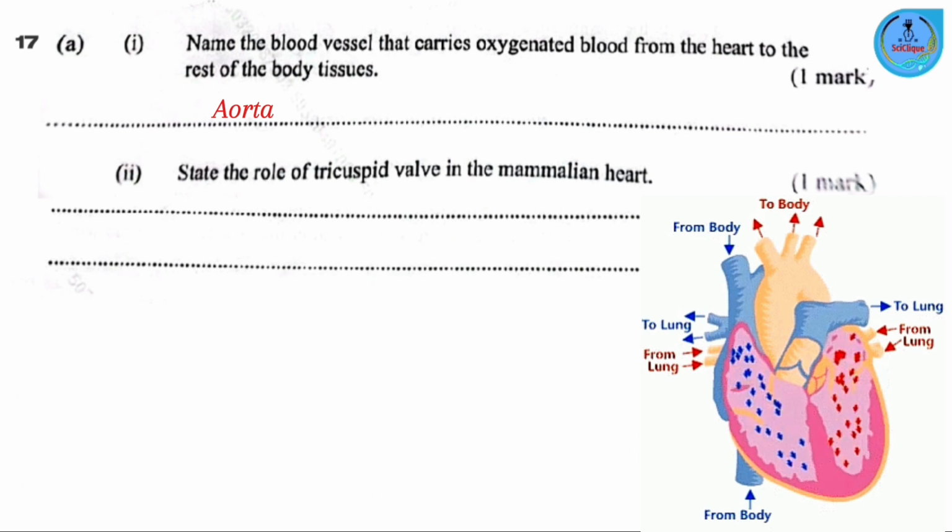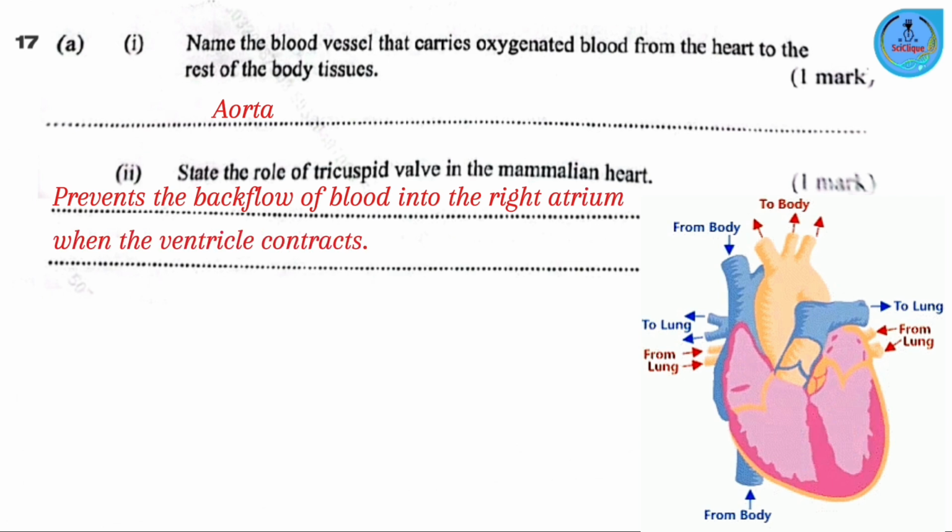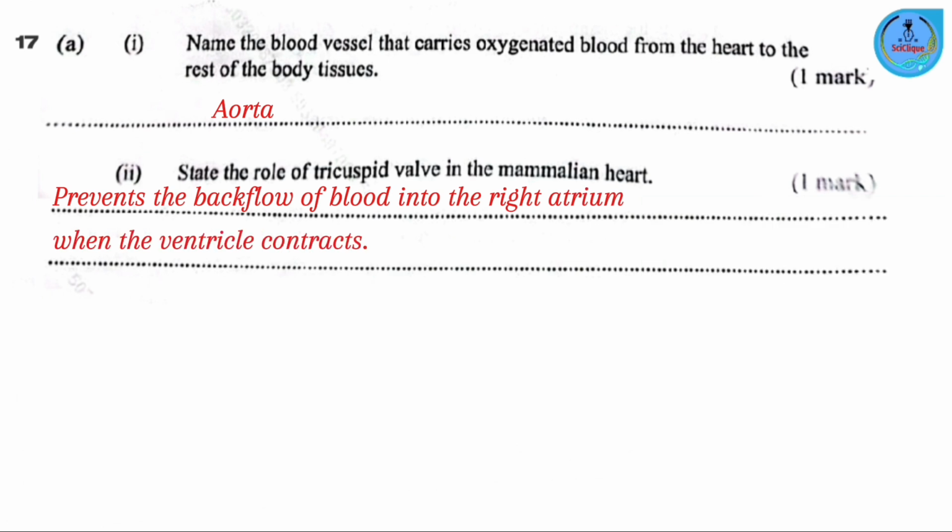So when the blood has flown into the ventricle, the tricuspid valve closes up. Okay? So when the ventricles contract to push the blood out of the heart, it ensures that the blood cannot flow back into the atrium. So how do we state this? It prevents the backflow of blood into the right atrium when the ventricle muscles contract.